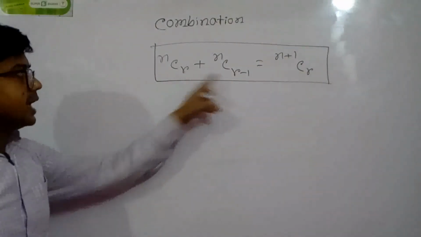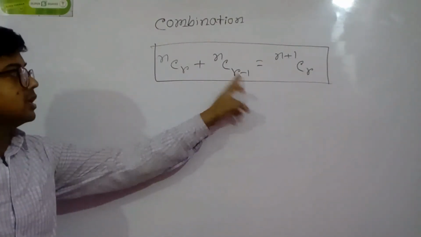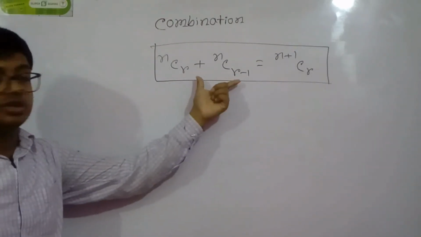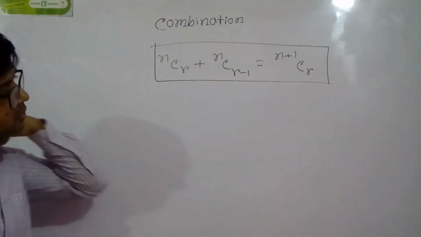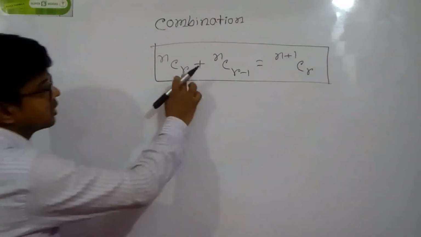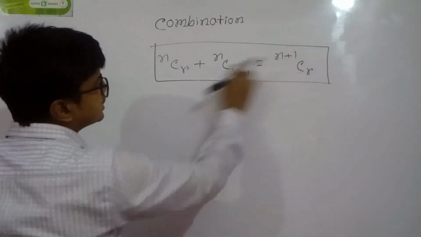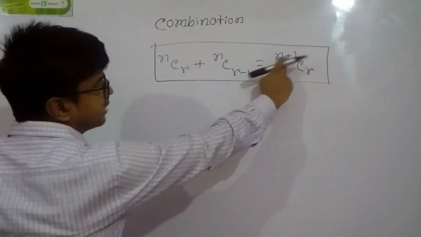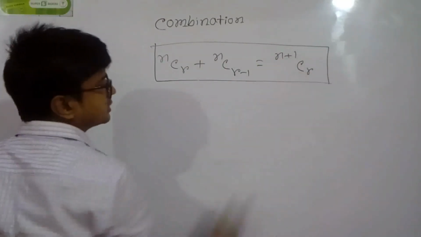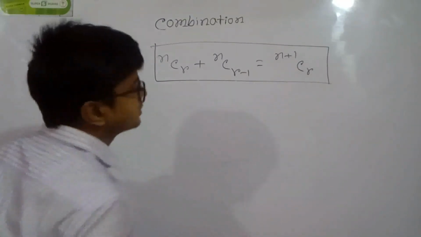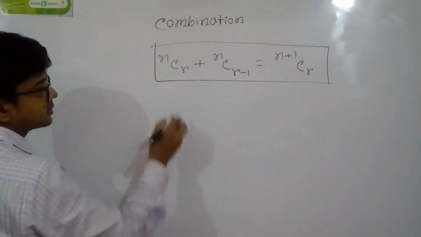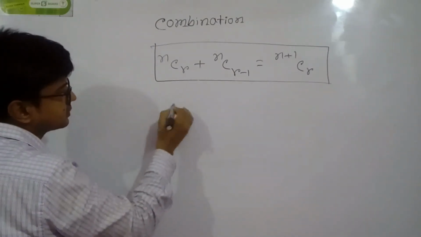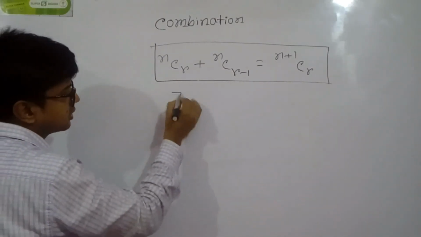Here r and r minus 1 are two consecutive numbers, so here if n equals n, then it will be (n plus 1)Cr. Some mathematical example is here.